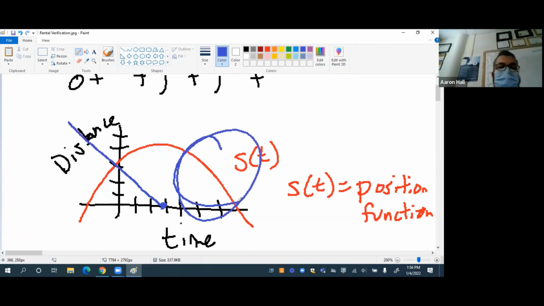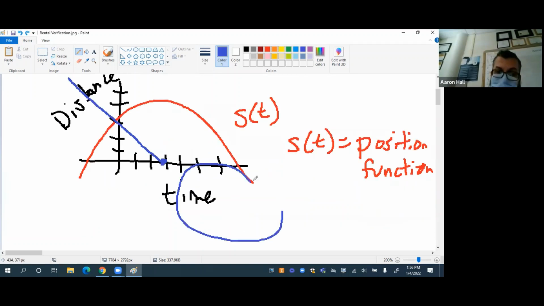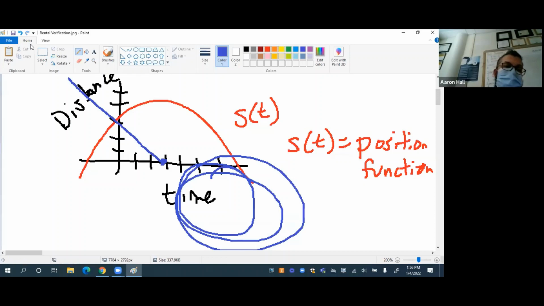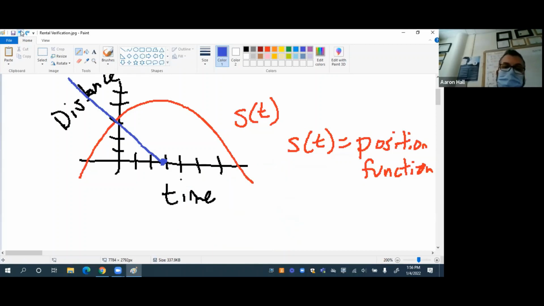What about on the other side? We see that the slope is gradually getting steeper and steeper. So we'll show that by going further into the negative for our derivative function. We'll just continue down like this.